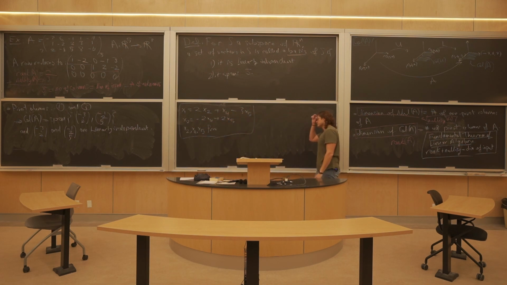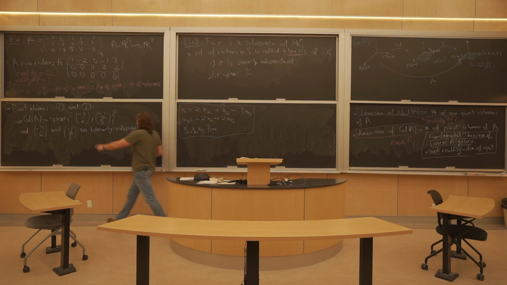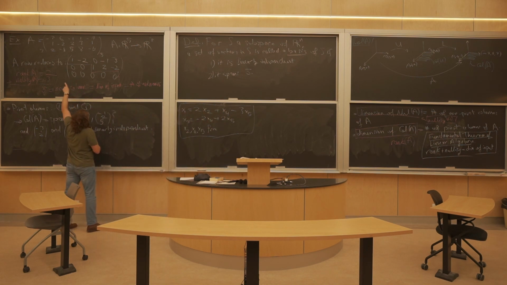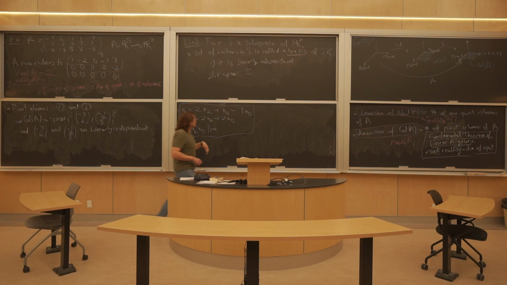So based on this, I can write a typical vector. Isn't x3 equal to -2x4? That's true. Thank you. This is coming from reading the second row over there. So I can write it like this.